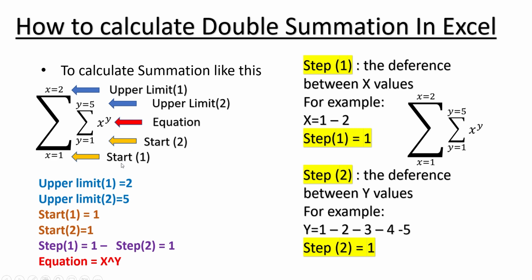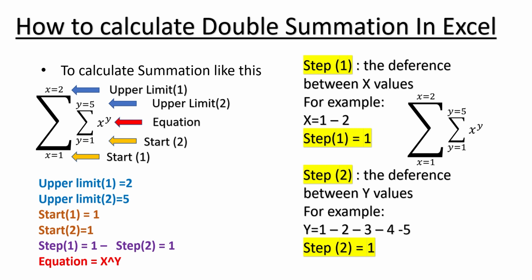Now for this example, the upper limit 1 is 2 and the upper limit 2 is 5. Start for the first summation is 1, which is the beginning, the first value that x will take in the first summation. The start 2, which is the lowest value, is what y takes in the second summation.